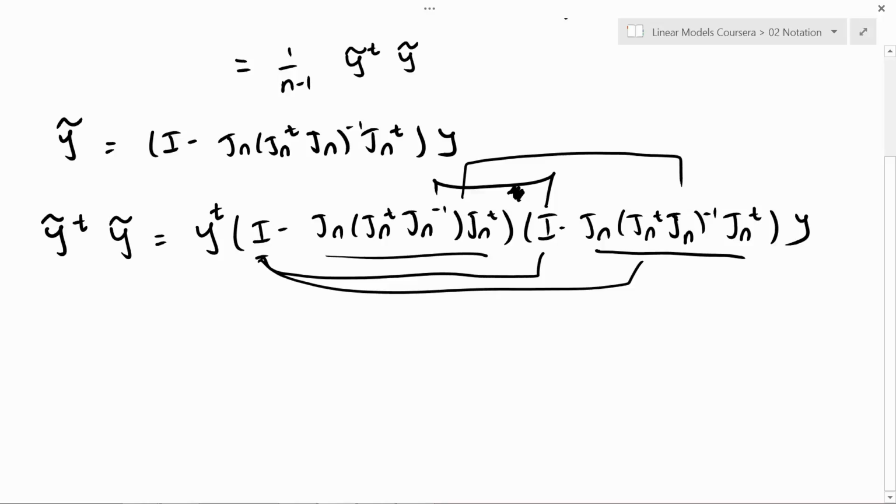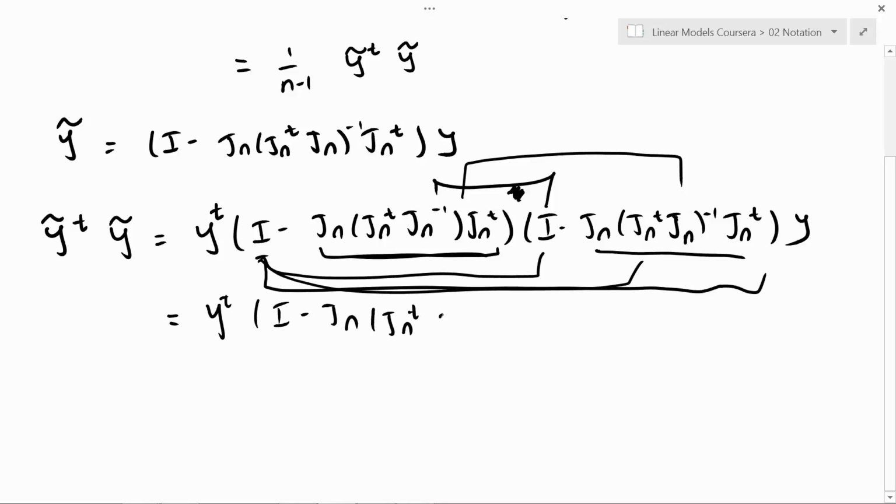If you don't see all the details, just work this out for yourself. I know you all know linear algebra really well. Notice that this matrix is in fact idempotent. Both interior matrices, the I and the hat matrix, are idempotent, but their subtraction is also idempotent. So y transpose times I minus jn transpose jn inverse jn transpose times y is exactly the sum of the squared deviations around the mean.